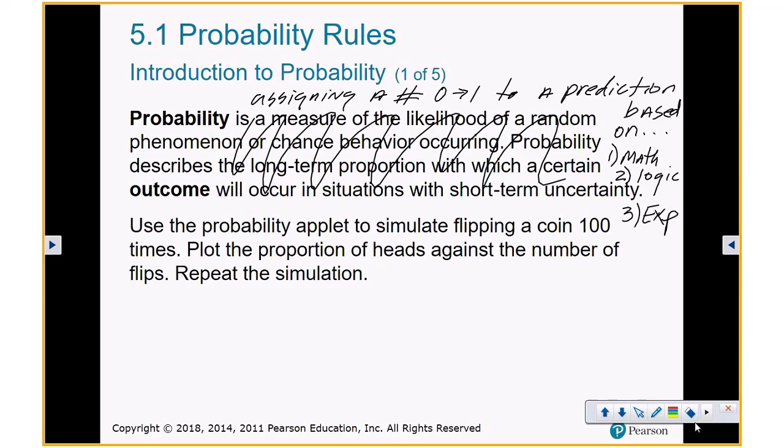Okay? Probability is assigning a number, a decimal or a fraction, between 0 and 1, based on math or statistics, both, logic or experience.